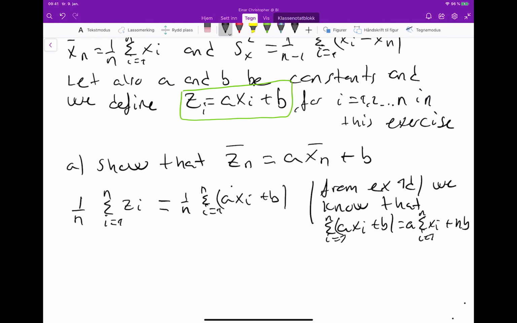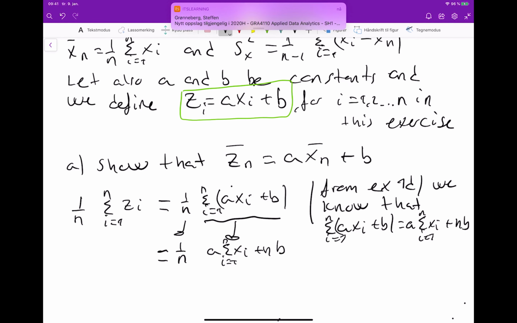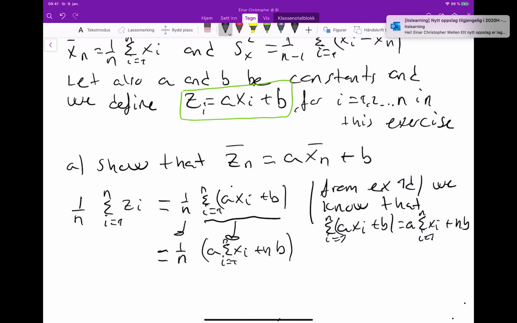So let's use that. So then we get 1 divided on n, that's this one. But then this can be written, as told just to the right here, as A sum over xi, i equal 1 to n, plus nb. And this should be multiplied with 1 divided on n.